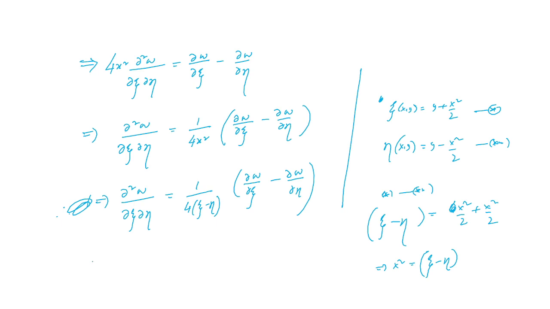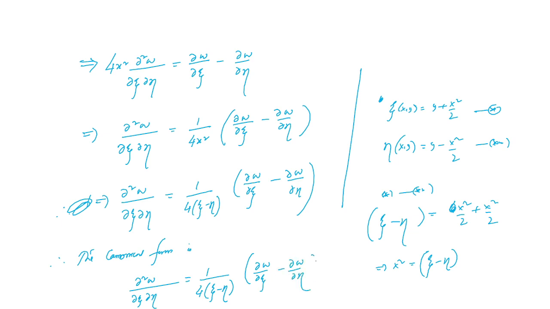This is the required canonical form. Therefore the canonical form is del 2 omega del xi del eta equals 1 by 4 (xi minus eta) times del omega del xi minus del omega del eta.